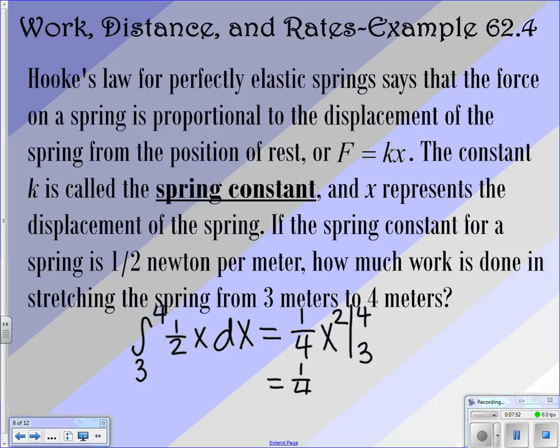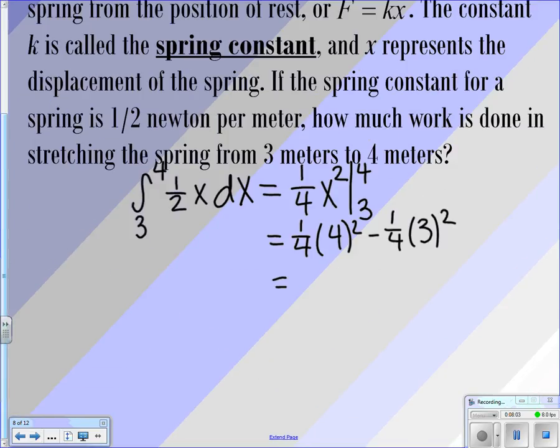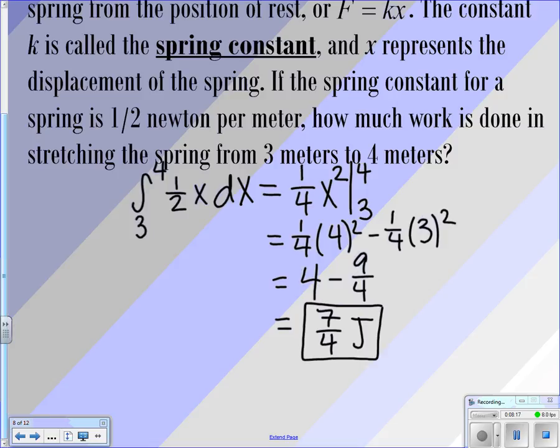And then you have 1/4 4 squared minus 1/4 3 squared. So 1/4 of 16 is 4, and 1/4 of 9 is 9/4. If you subtract those, you end up with 7/4 joules. And that would be the amount of work that was required to stretch that spring.